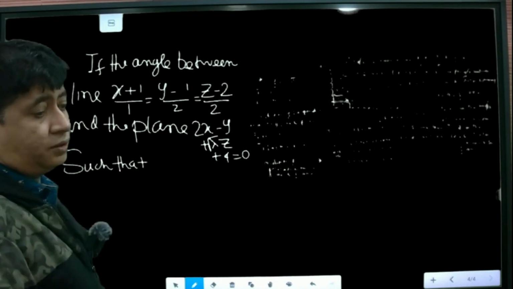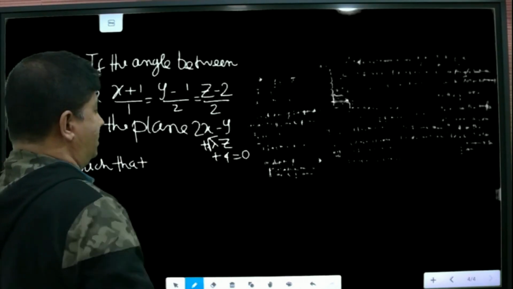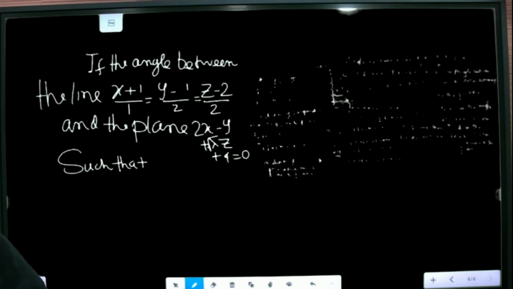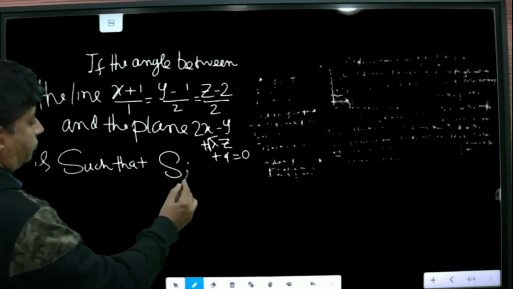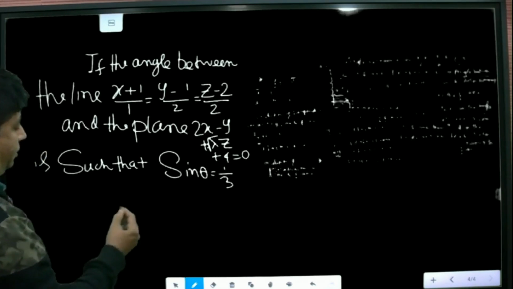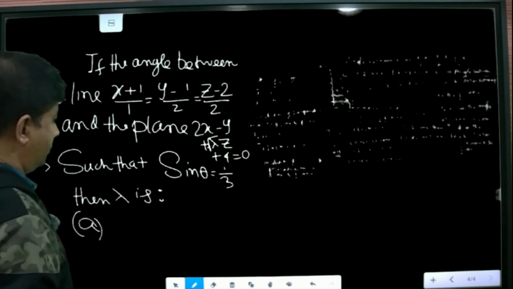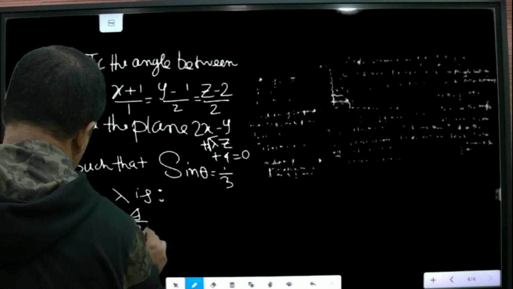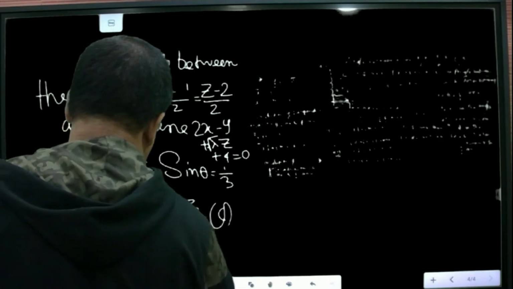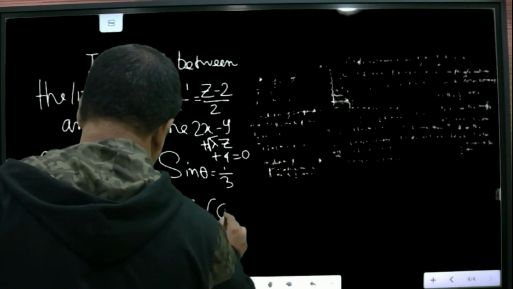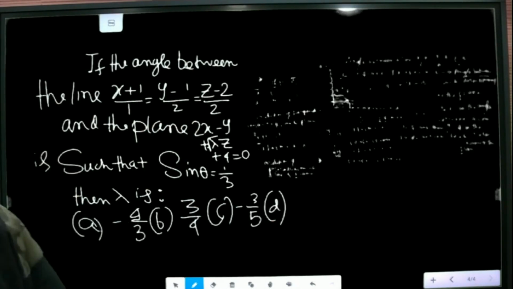See, there is a question like this. If the angle between the line and the plane 2x minus y plus root lambda z plus 4 equals 0 is such that sin theta is equal to 1/3, then lambda is: option A, minus 4/3; option B, 3/4; option C, minus 3/5; option D, 5/3.